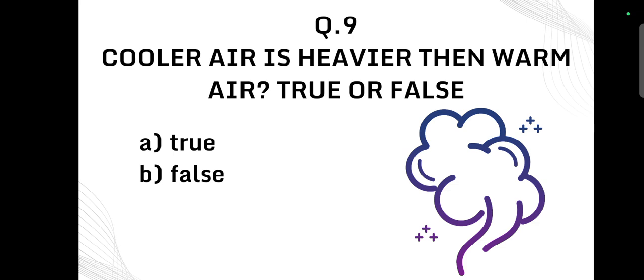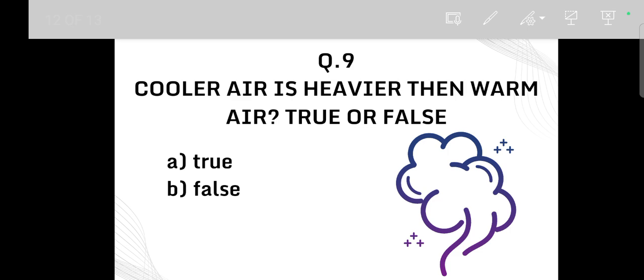When it is cool, it falls. So cooler air is heavier, and cooler air comes down during condensation. So the statement is correct. Cool air comes down because it is heavier. Warm air goes up, it rises. So the statement given is correct. So it is a true statement.